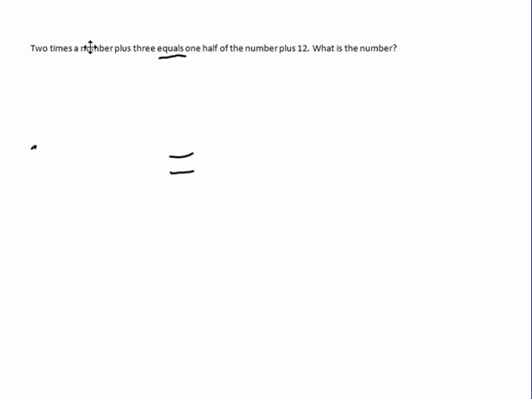Anytime I see a number, I'm going to use the variable x. And the number is referring to this same number, so that's still x. So 2 times x plus 3 equals 1/2 of this is multiplication.